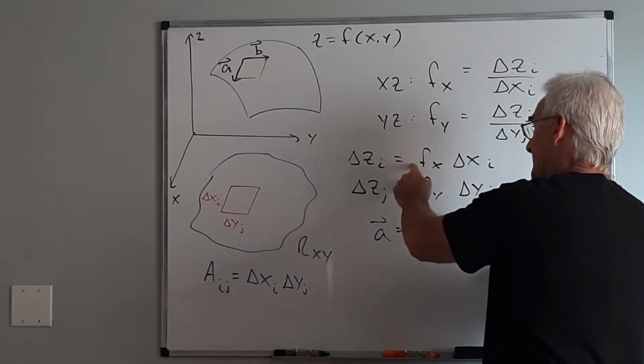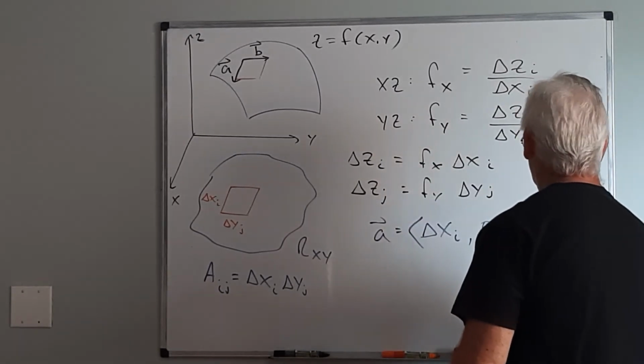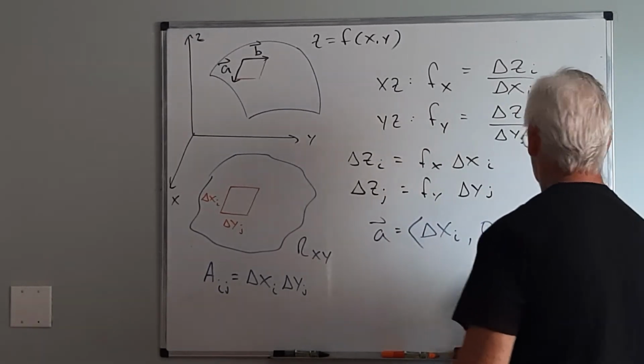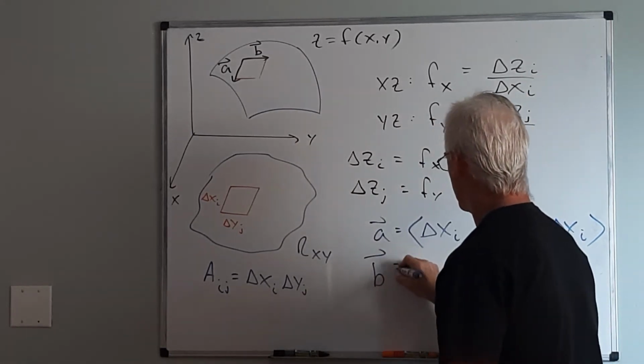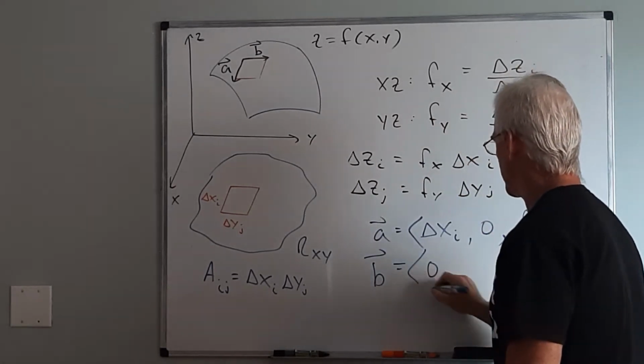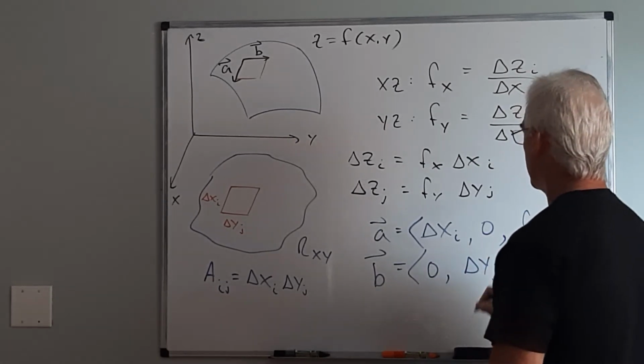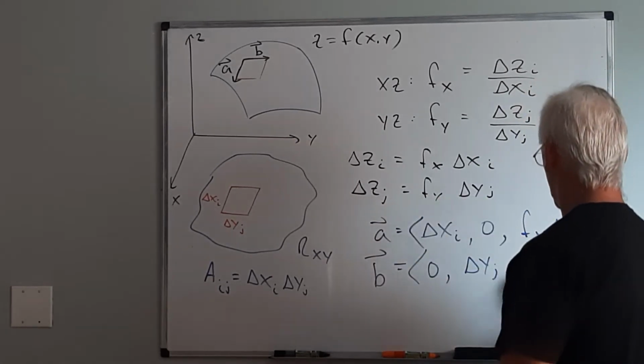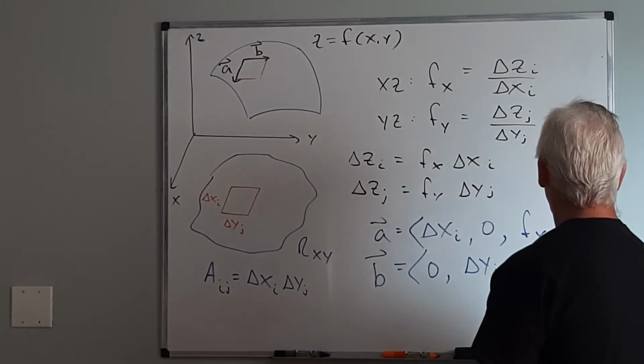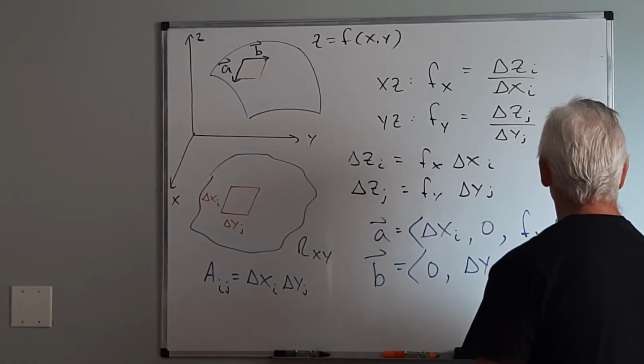But we just saw that the delta z would be f_x delta x_i. And then vector B, there'd be 0 in the x direction, delta y_j, and then delta z_j, which we just saw is f_y delta y_j.